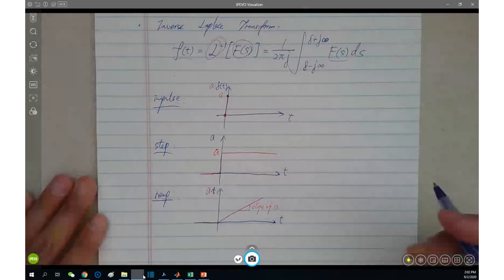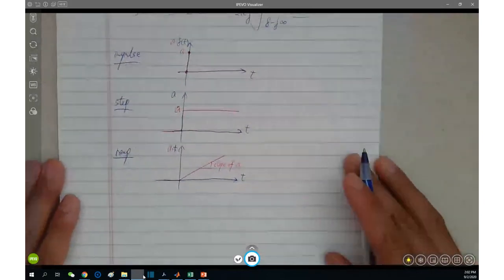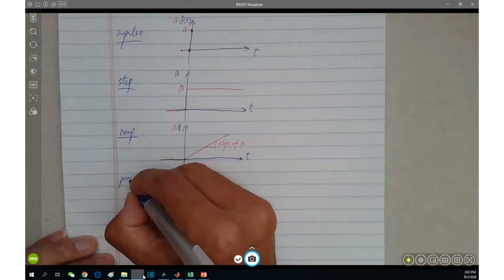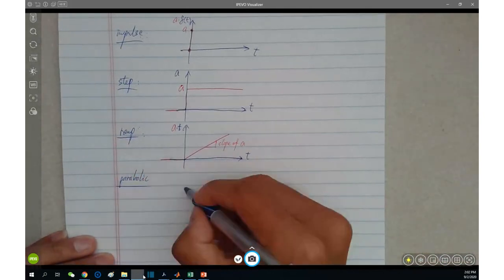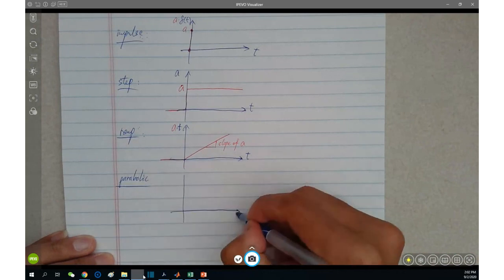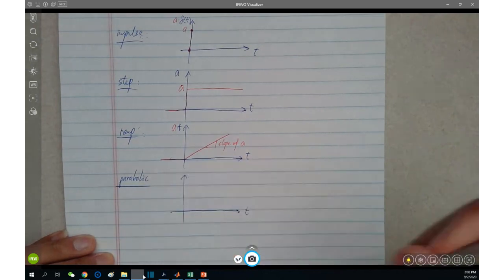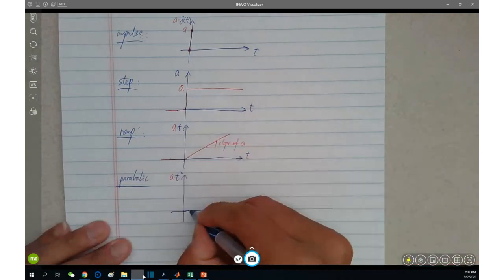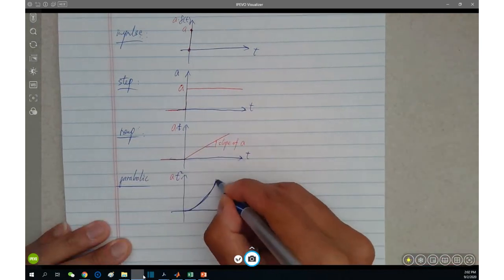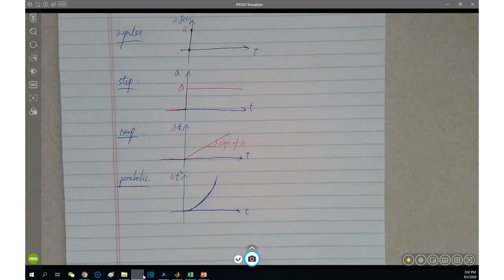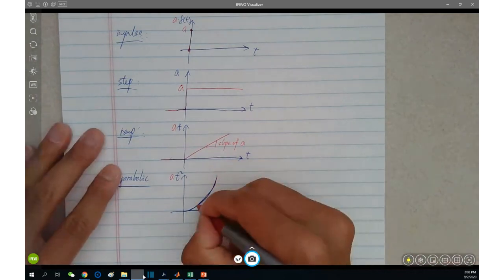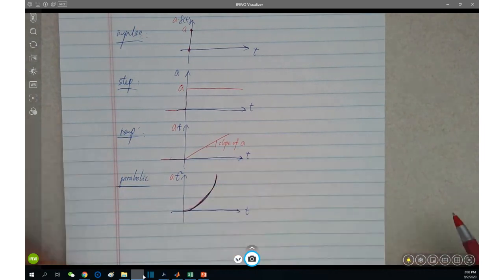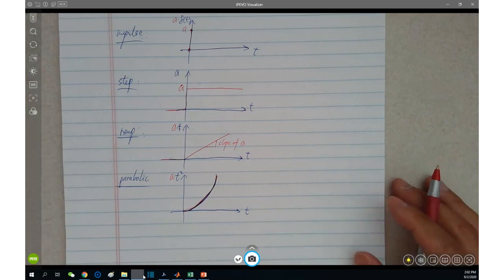Maybe you know this even better than the previous forms. Parabolic. What does it look like? This is a times t squared. I'm sorry, I was supposed to use the red to keep consistency. Right, this is a parabolic.